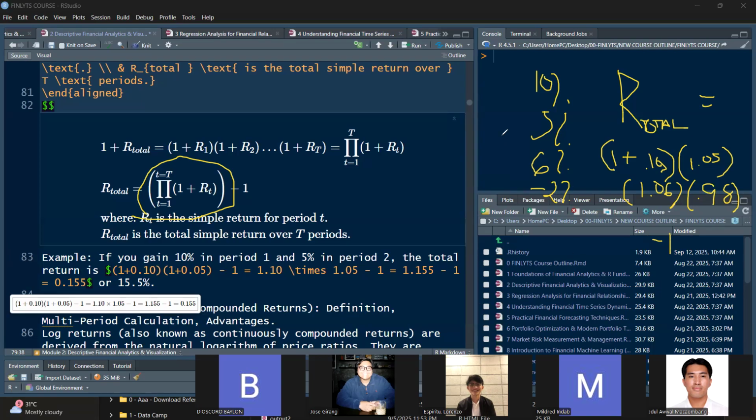So for the gains, for those with positive returns, it will be greater than 1. For the ones with the loss, it will be less than 1. Here, 0.98. What's the answer, please? Anyone, please?